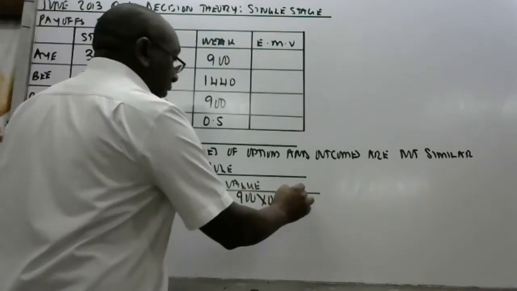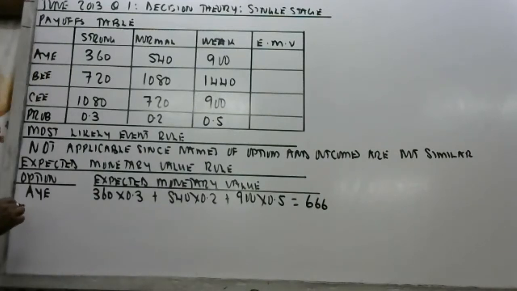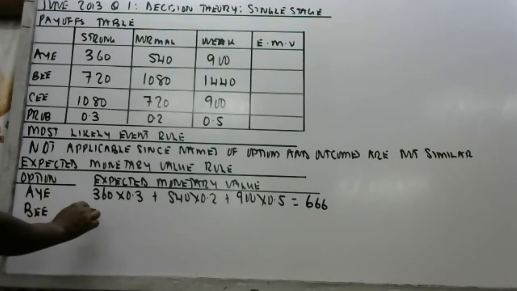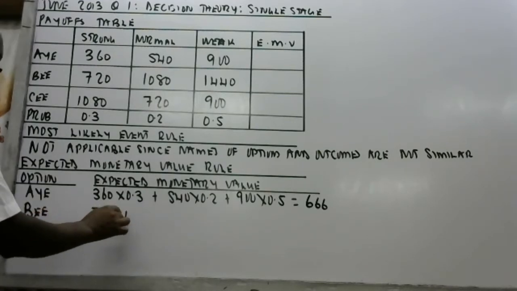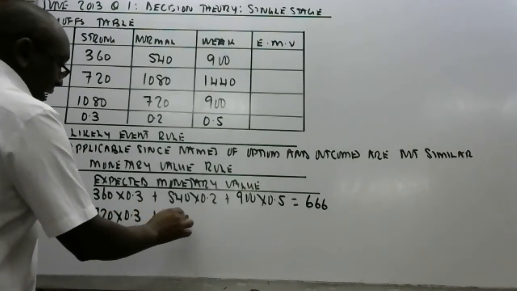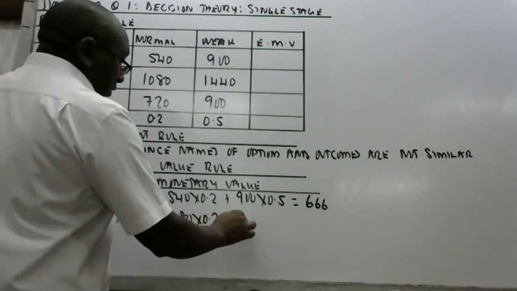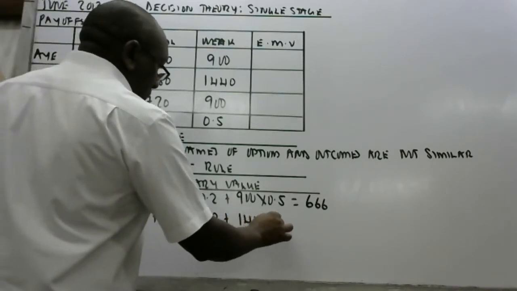Those are enough. 666. Let's go to B. You do the same thing. 720 times 0.3 plus 1080 times 0.2 plus 1440 times 0.5.